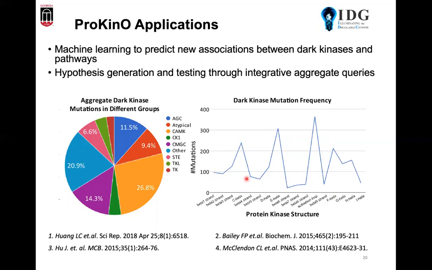You could also query for mutations mapping to different structural regions of the dark kinase, and you could get these sorts of images or figures that could then provide the data that you need to generate new hypotheses. We've done this with multiple examples in collaboration with various researchers, and those are illustrated in these publications.